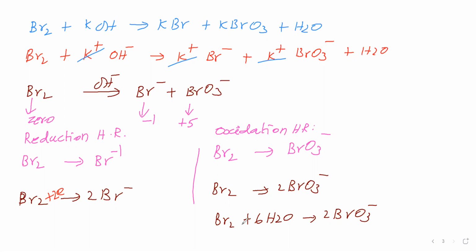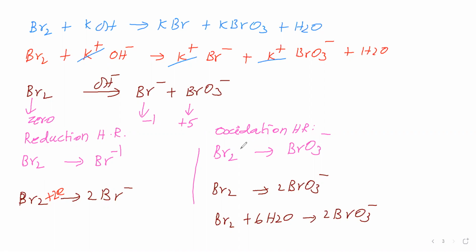Here let us balance charge. Here charge is 0. Left side charge is 0. Right side -2 charge. Right side charge, if you see, -2 is there. So how to balance charge here? Which side shall we write electrons? It is oxidation. Oxidation in the sense loss of electrons.